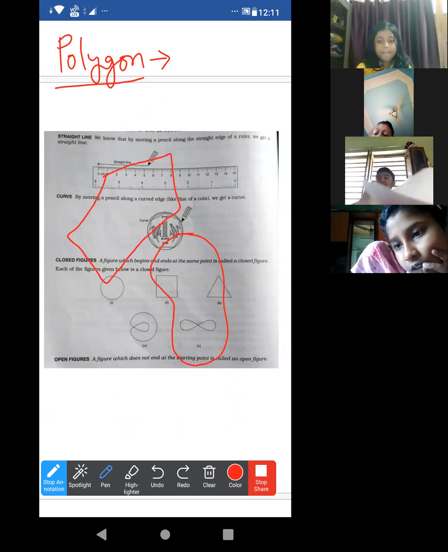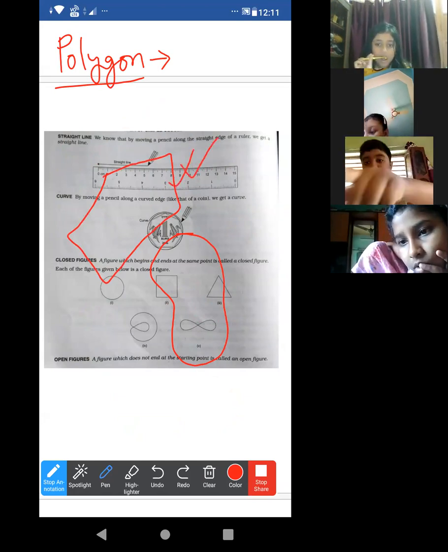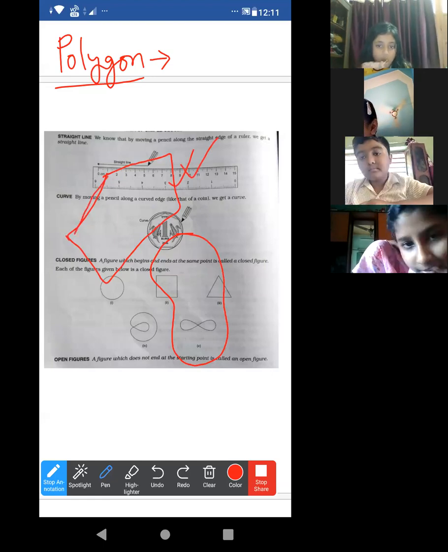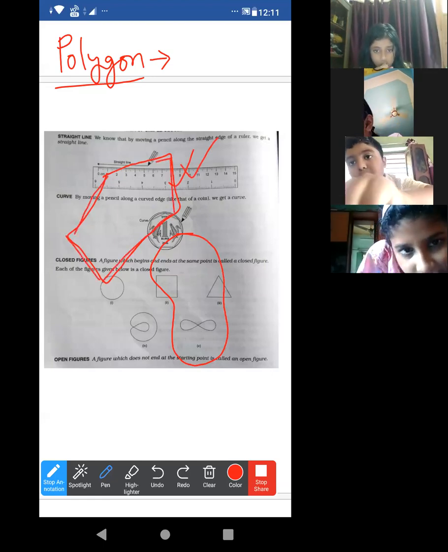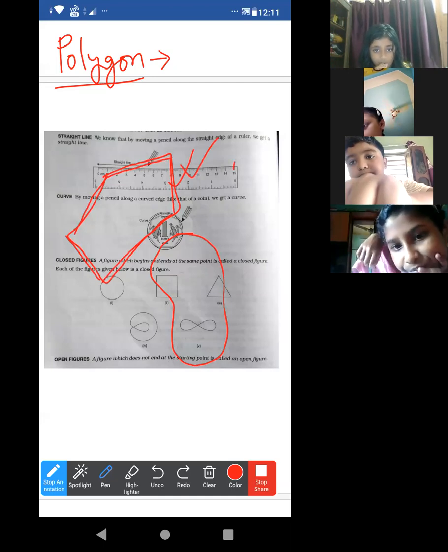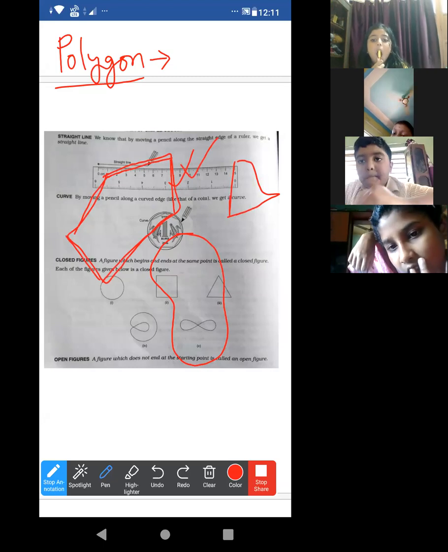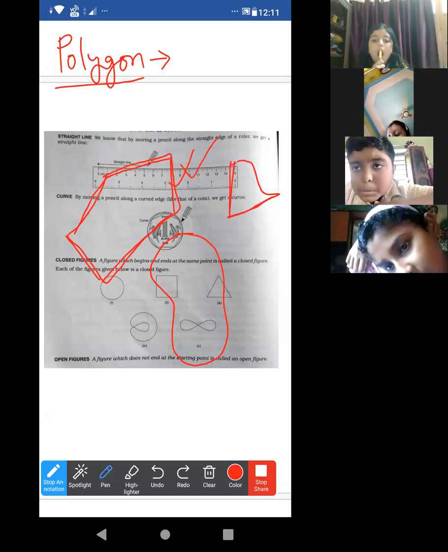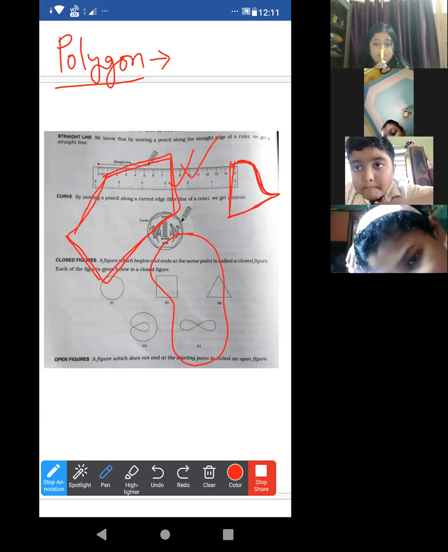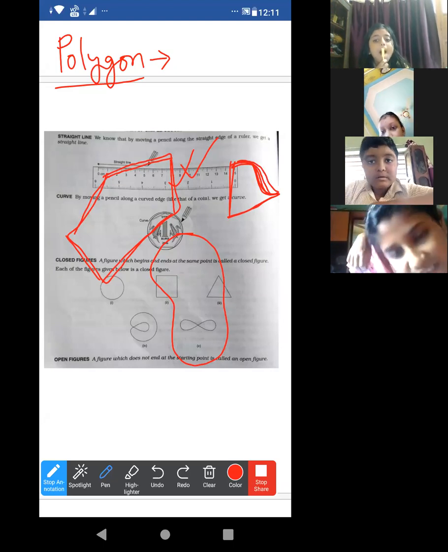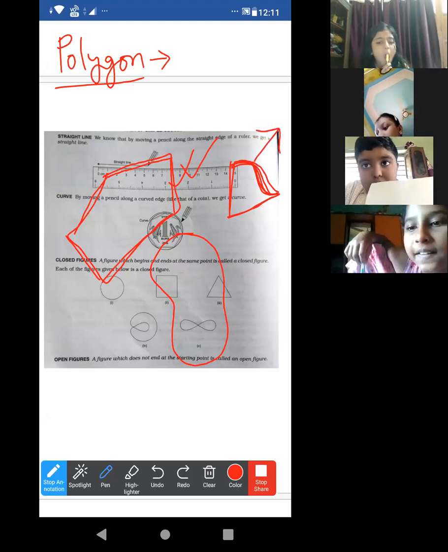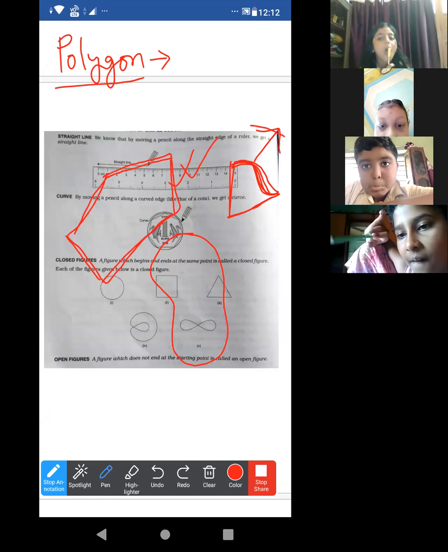Ashmit, which one will be the polygon? This one, because it is made up of straight lines only. Look, so many straight lines. But suppose I take another figure in this way. Here are two straight lines, yes, it is correct. But this one is not a straight line. That means this one is not a polygon.